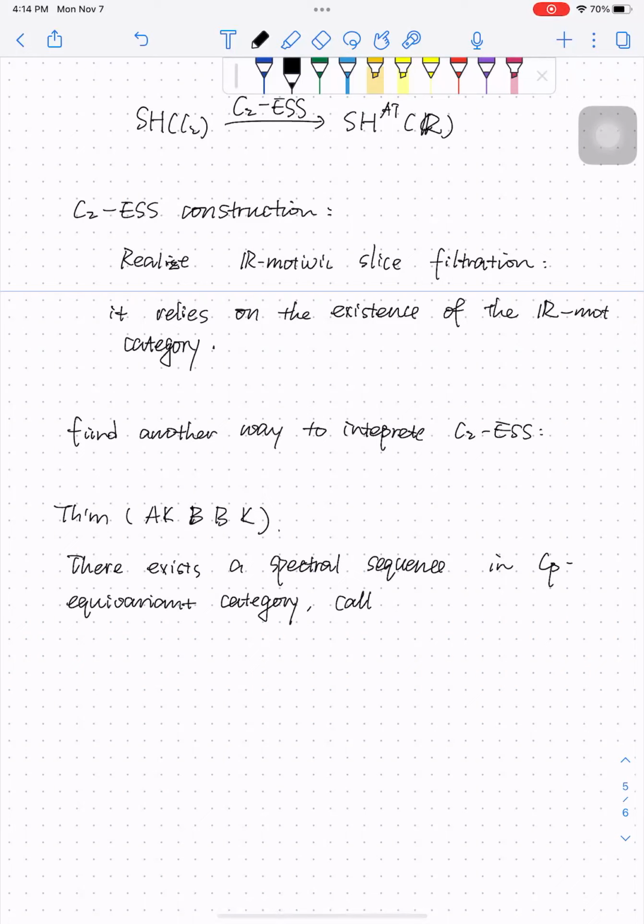And we call it the modified Adams-Novikov spectral sequence.